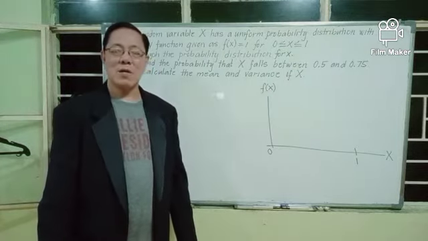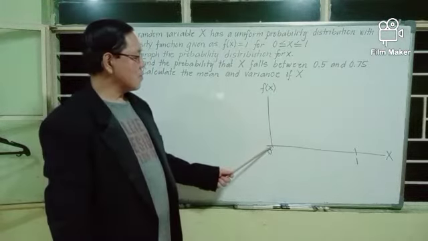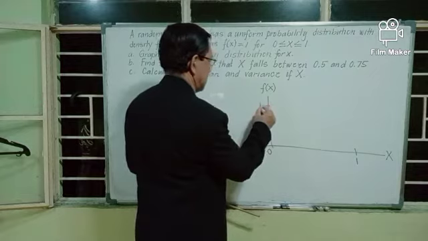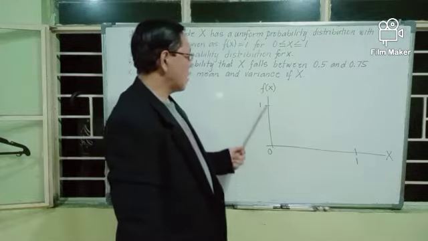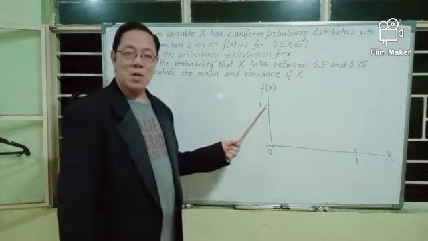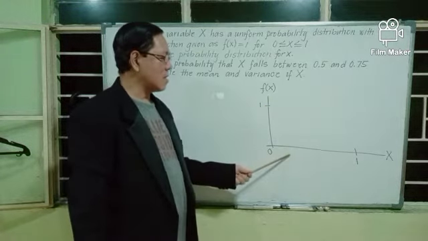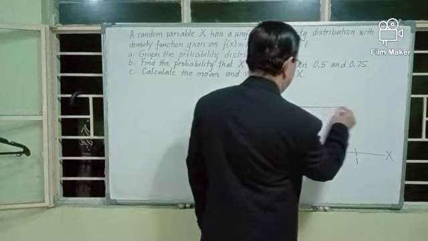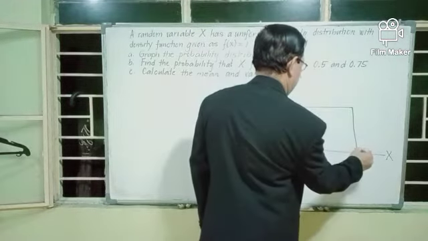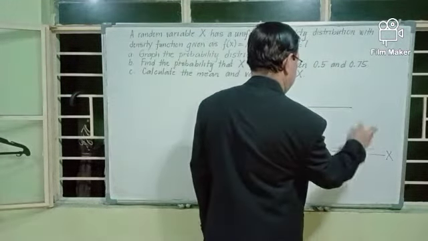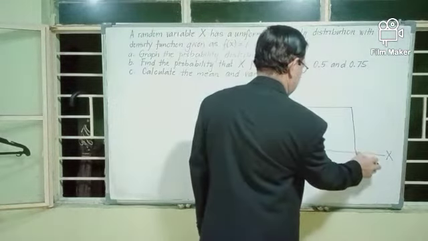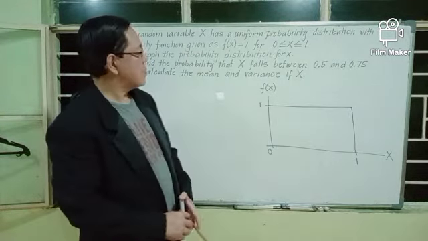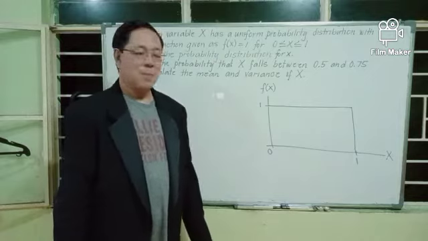So we construct the rectangle from 0 with height of 1 unit. And from this point, we draw a horizontal line parallel with the x-axis up to x equals 1. And that is the graph of the probability distribution for the continuous random variable x.